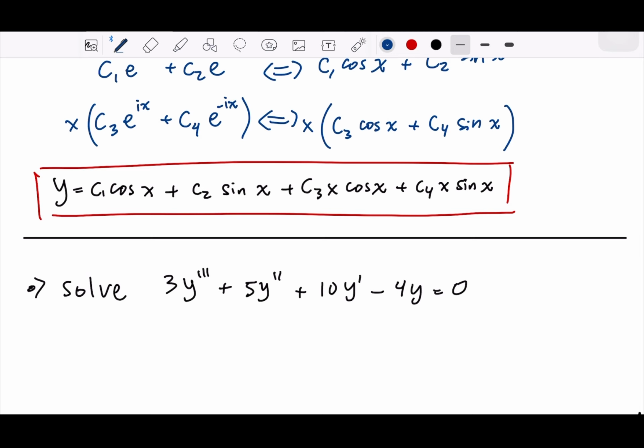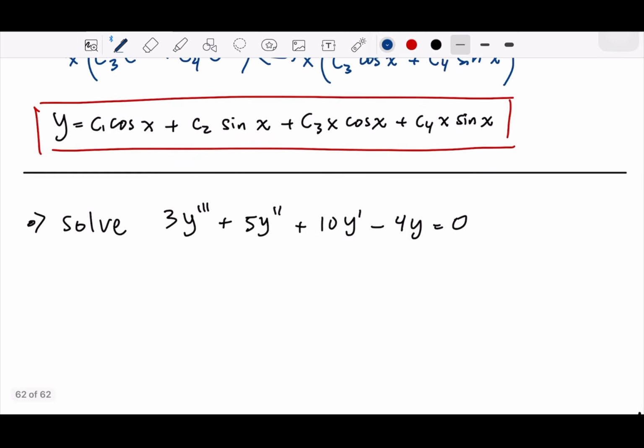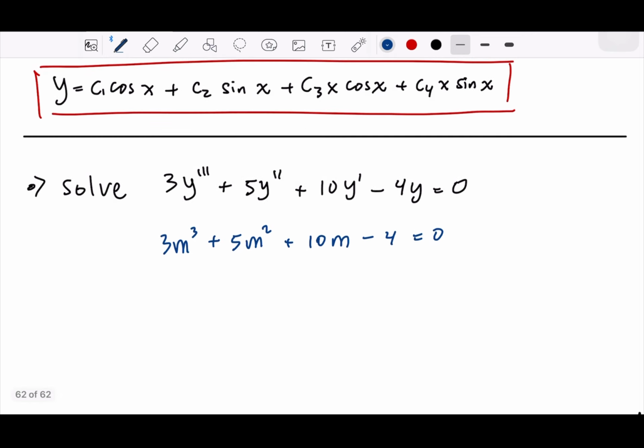Okay, so we could write this as 3m cubed plus 5m squared plus 10m minus 4 equal to 0. And we could write down the possible roots. This is the factor 4 and factor 3.